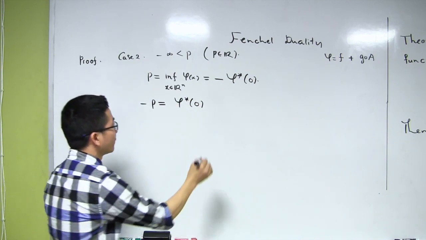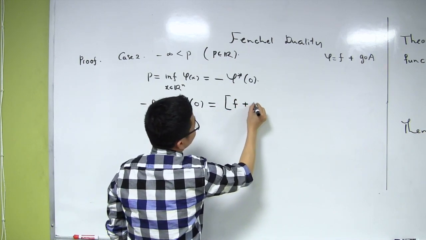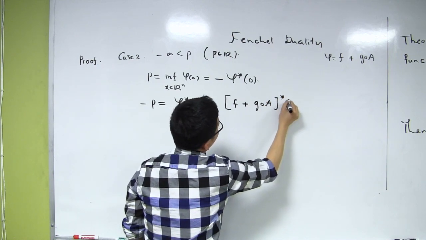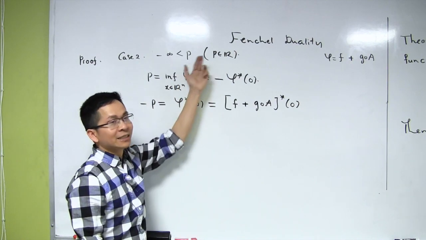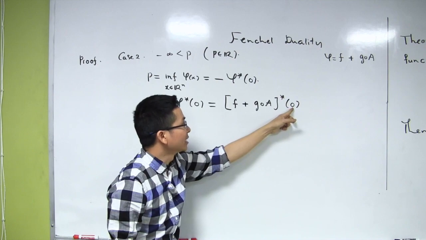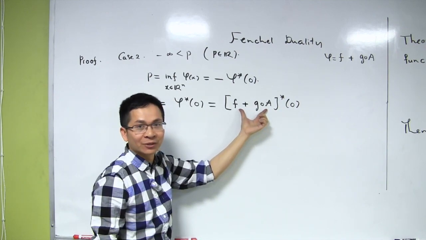And Φ is actually the sum of f and the composition of g and A. Now, because P is a real number, this is a real number, meaning that 0 belongs to the domain of this Fenchel conjugate.